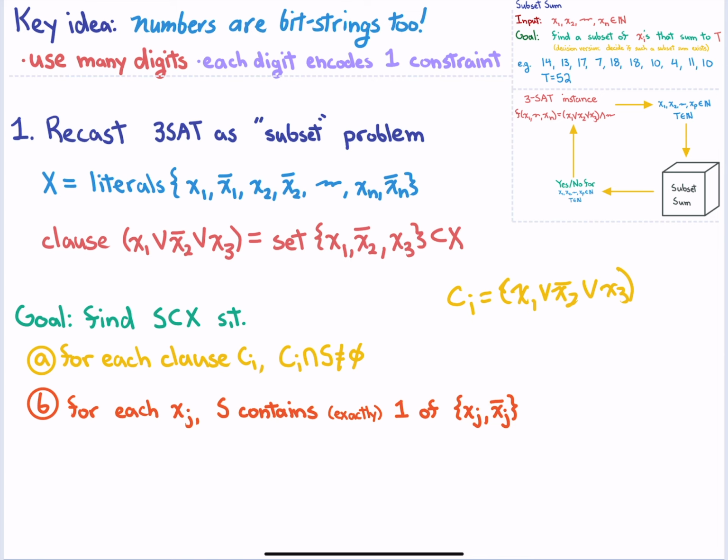And I want to make sure that I satisfy all the clauses, which in our set terminology is like saying for each clause Ci, which has three literals in it, my set S needs to contain at least one of them. Taking x1 is like setting x1 to be true, and I'm not allowed to set x1 to be true and false, so that's why we have rule B, saying I can only take x1 or x1 bar.